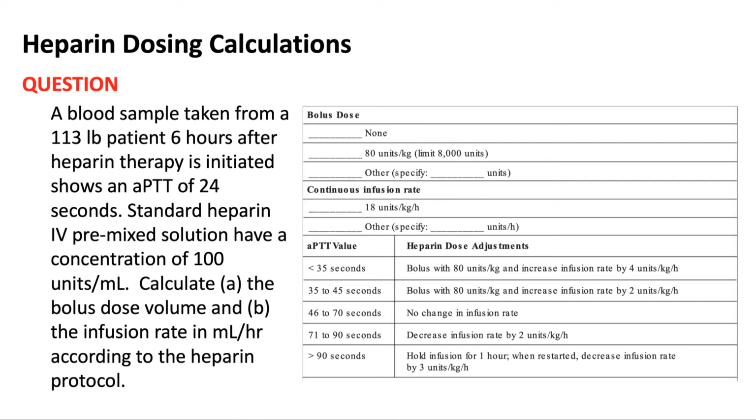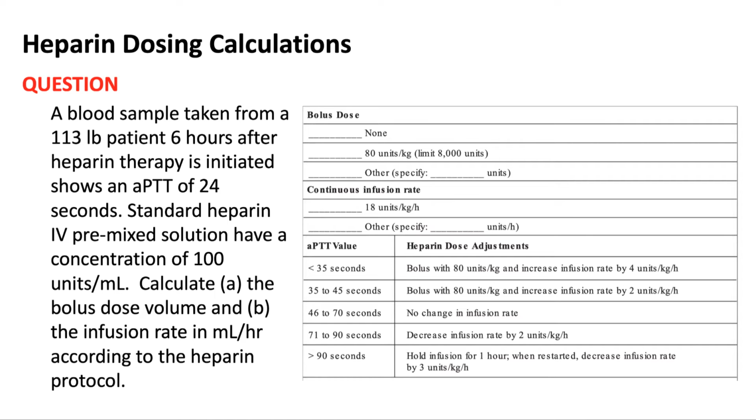Looking at the dosing in response to the different APTT values, at the lower values you need more heparin, but at the larger values, going from 46 to 70 where there's no change needed, to 71 to 90, you're actually decreasing the rate.